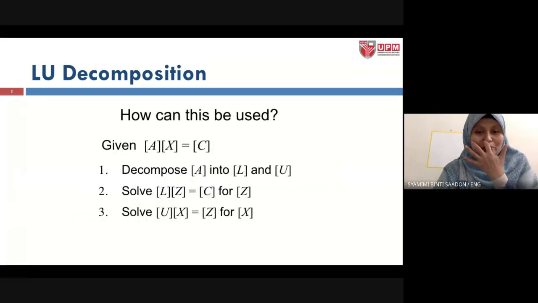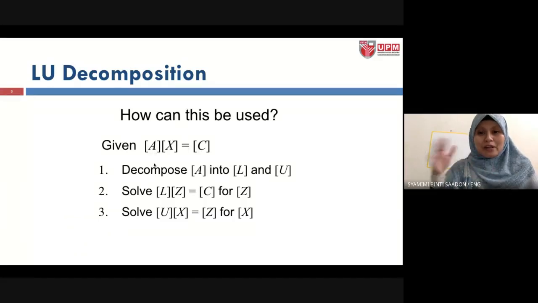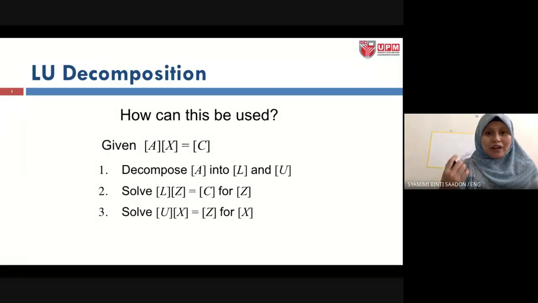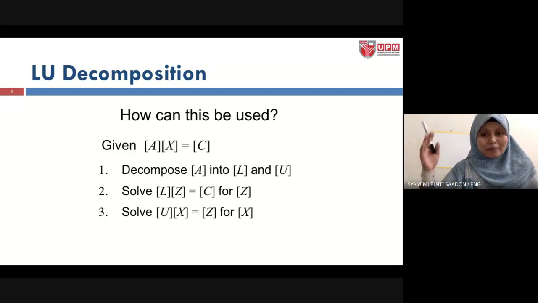Here is an example, the step-by-step process. Given you have matrix A multiplied by matrix X to get matrix C. Normally you know the values of A. X is the one you have to find, X1, X2, X3, and C is the right hand side matrix.